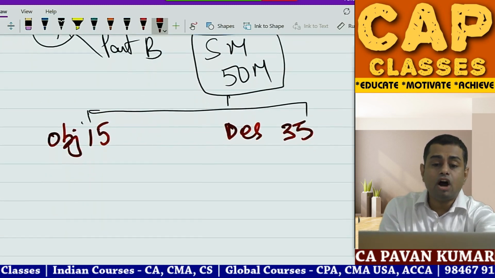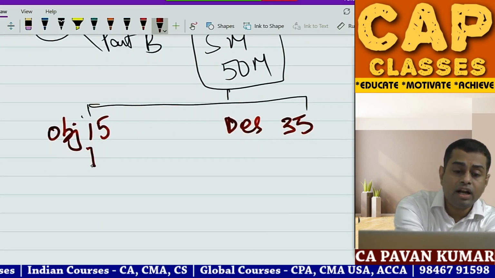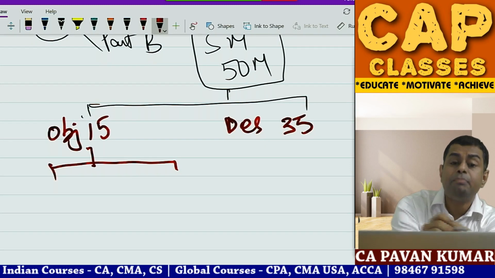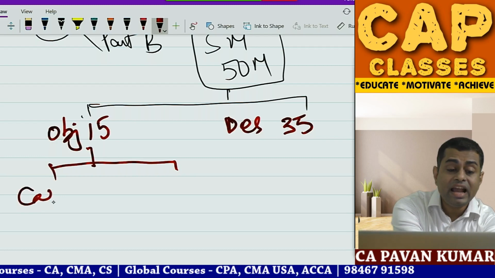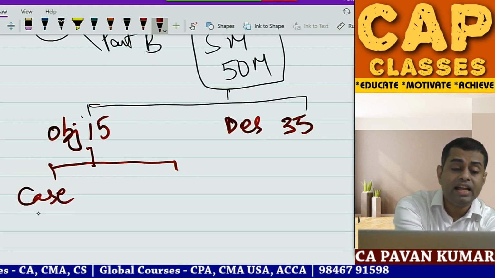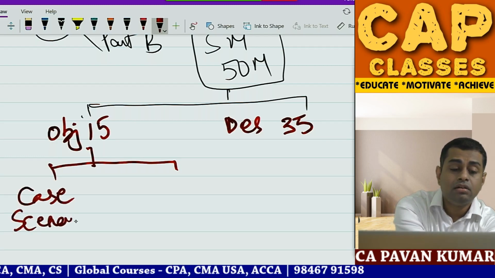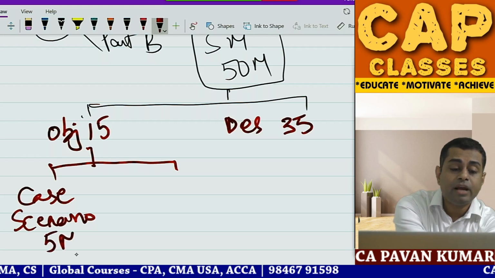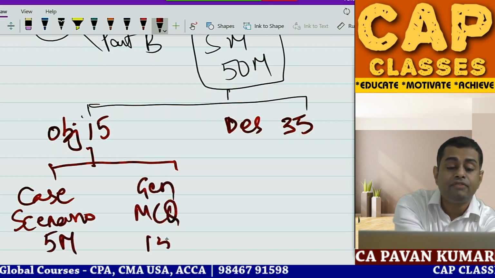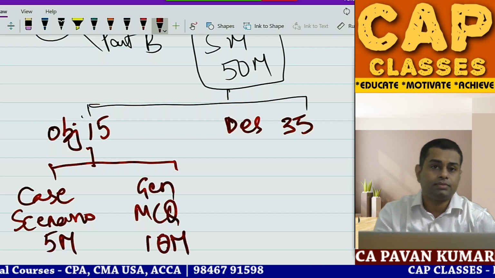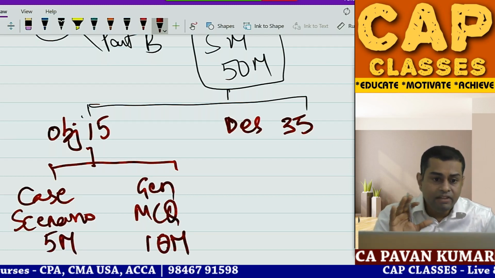In this objective 15 marks, as I have already explained in the MTP lecture previously, there will be one case scenario based question for 5 marks. General MCQs will be there for 10 marks. So total it will be 15 marks. In the case study part, 5 MCQs will be there.